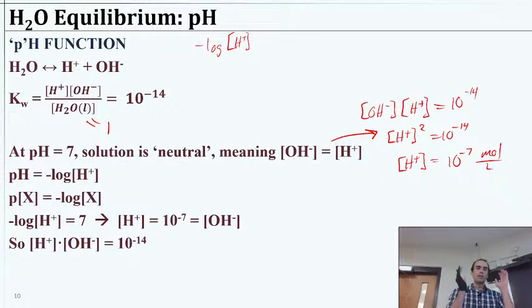And what we took a look at is, for water, we know that the pH range, typically we think of it going from 0 to 14. And if we think about what that realistically means, we're never going to have less than 10 to the minus 14th of either H+ or OH-.